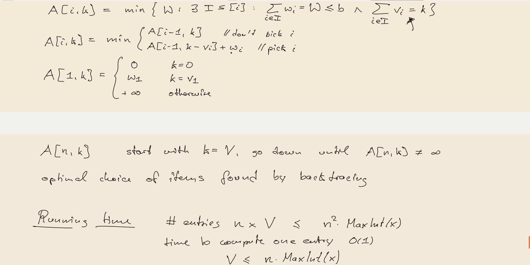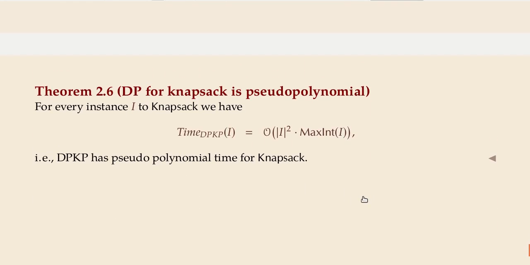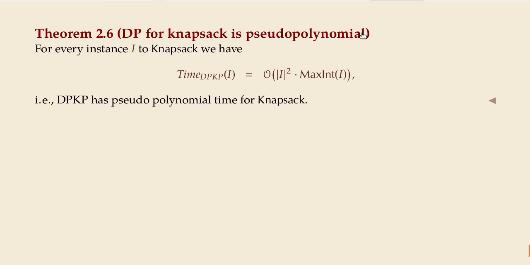So if you like, you should say it's logarithmic in maxint. Which is still, if you multiply it with this, bounded by a polynomial in n and maxint. So overall, we've still shown that this dynamic programming algorithm for the knapsack problem is pseudopolynomial. So maybe a log factor is missing.